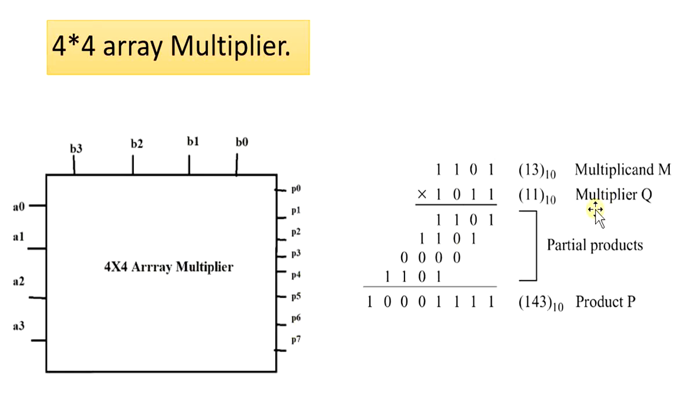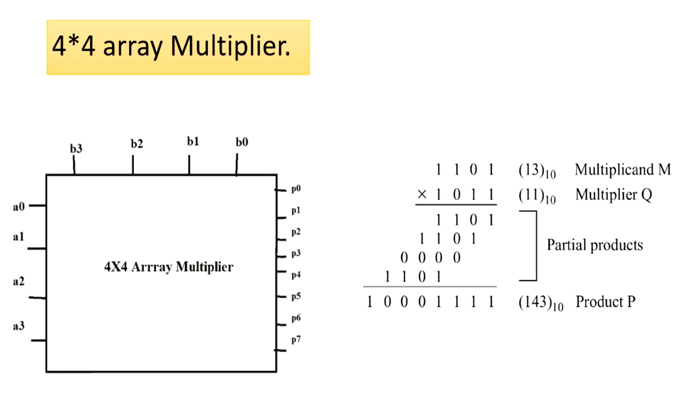Here is one example which they have shown, clearly telling how we can perform the multiplication of 4x4 bits. This multiplier can multiply binary numbers of 4-bit size and give a product of 8-bit size, because the bit size of the product is equal to the sum of the bit sizes of the multiplier and the multiplicand.